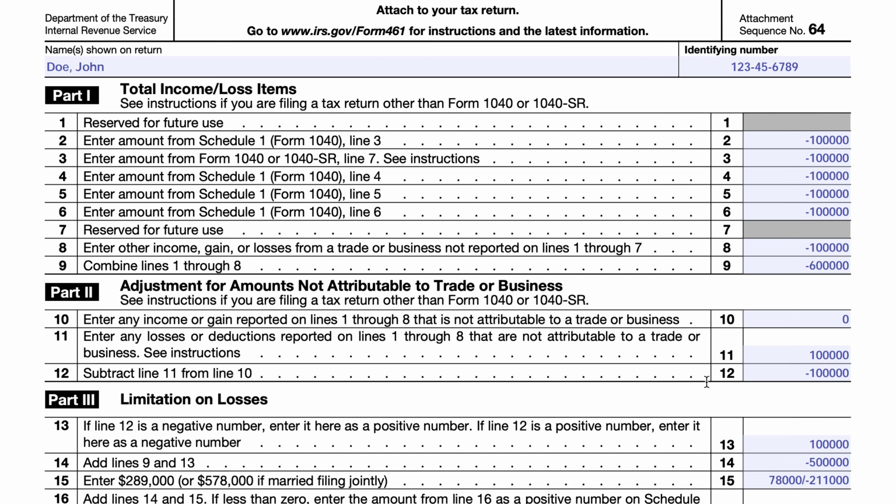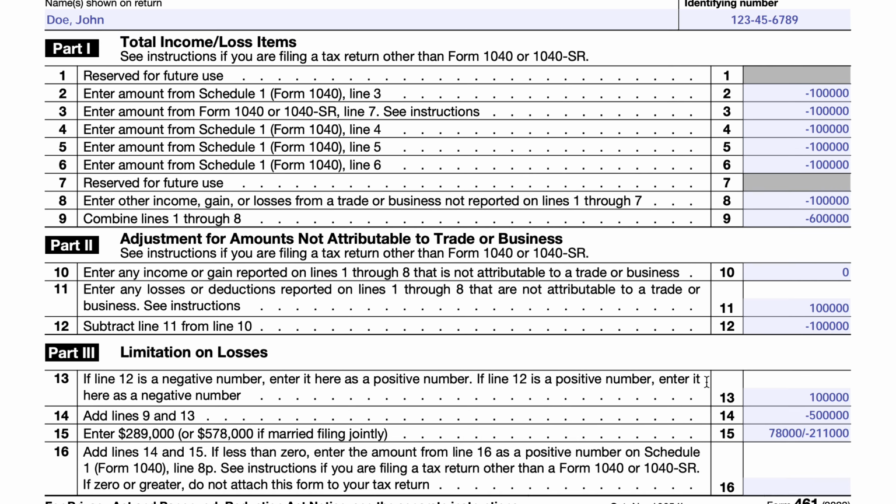Now, in part 3, we're going to apply the excess business loss limitation rules. So first thing that we need to do is strip out that trade or business related loss. And in line 13, we're going to flip the positive/negative sign on this.